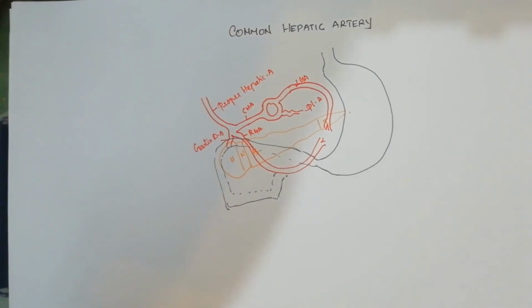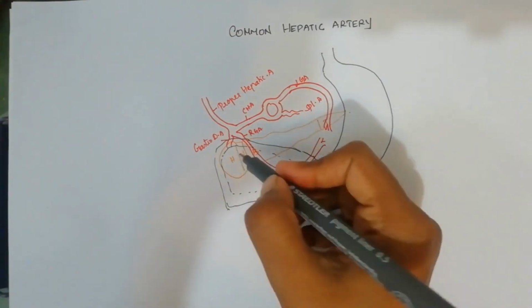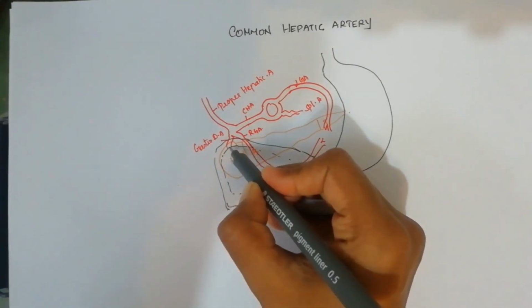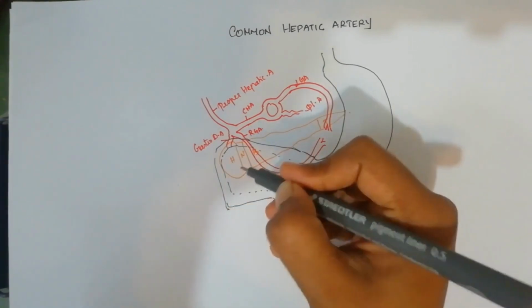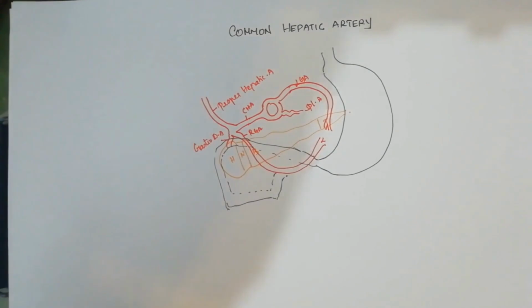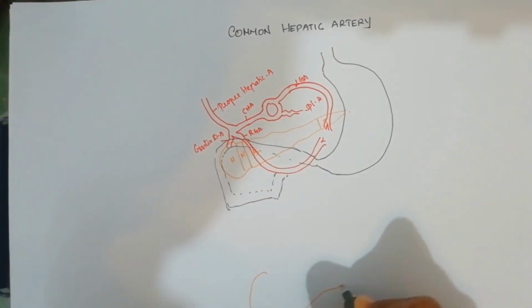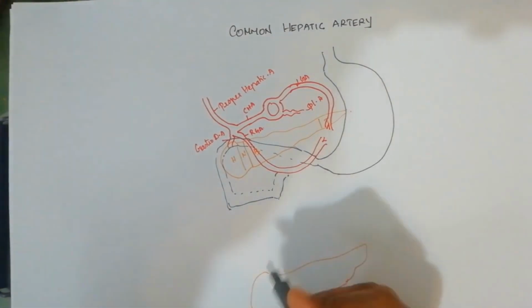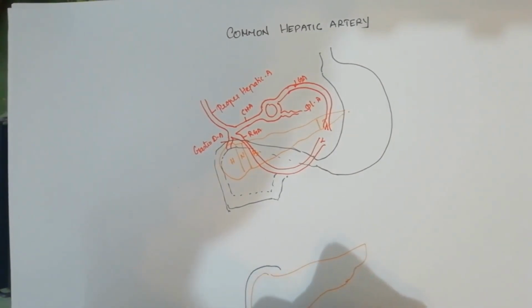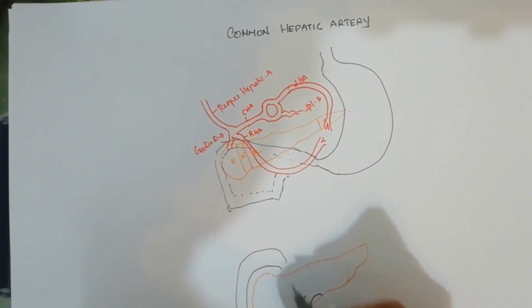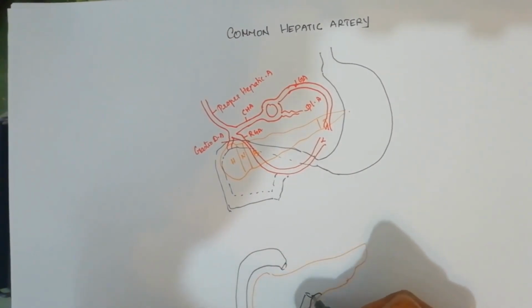Now we have the gastroduodenal artery, and this gastroduodenal artery is going to reach between the duodenum and the head of the pancreas, and again it will divide into two more branches. So I will show you here. So we have the pancreas, and then we have the duodenum, so this is the duodenal part.